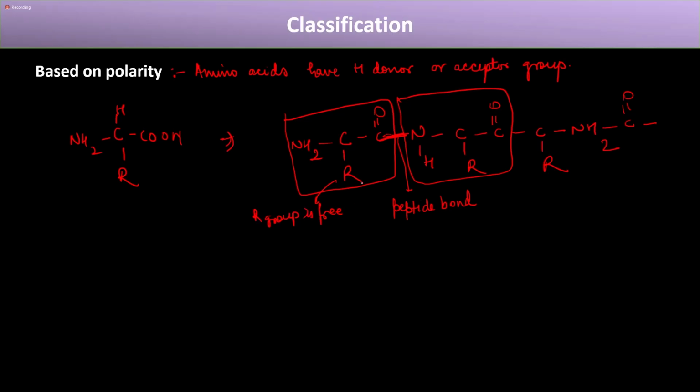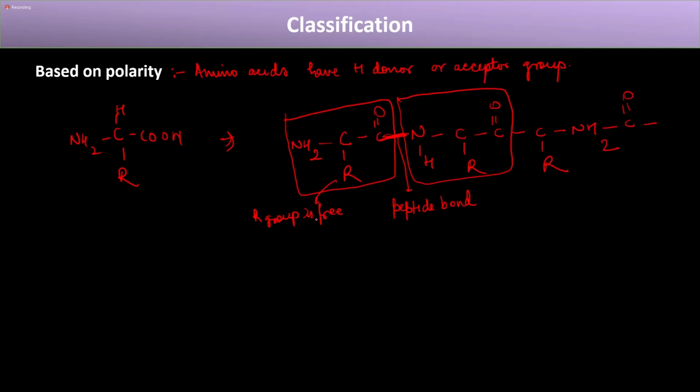And this R group decides the polarity of that amino acid. We understood why: because the carboxylic group and amino group are involved in peptide bond formation, and the only thing that is free is this R group.